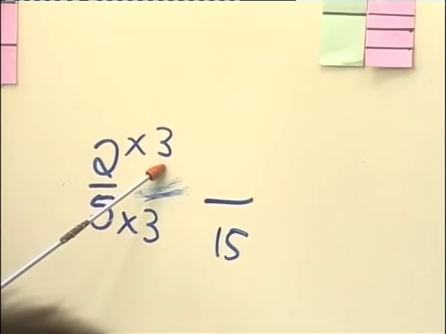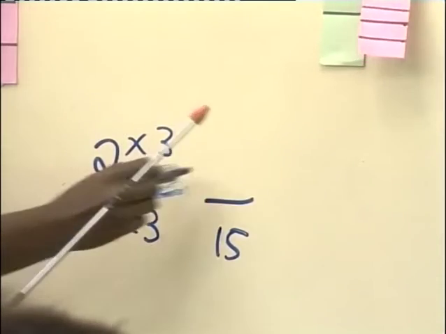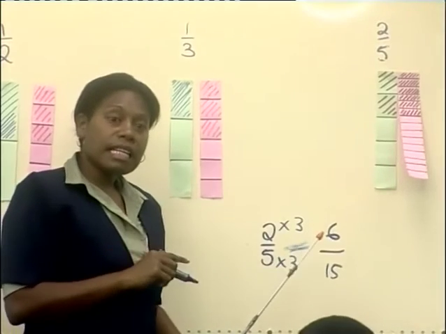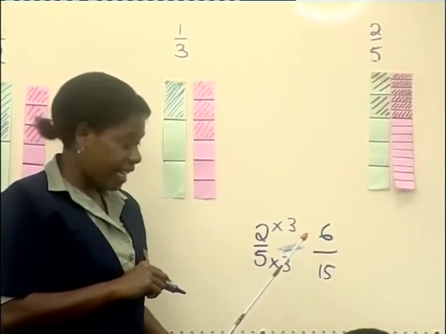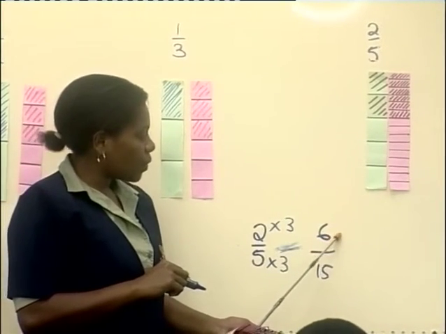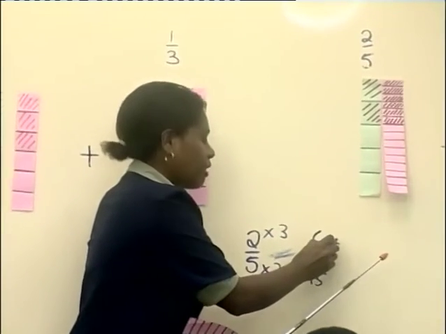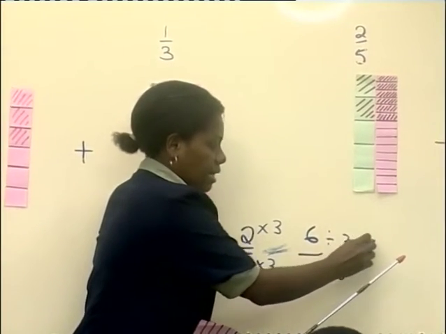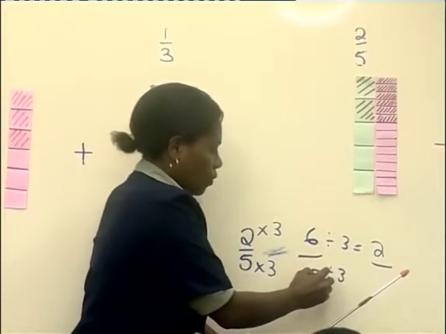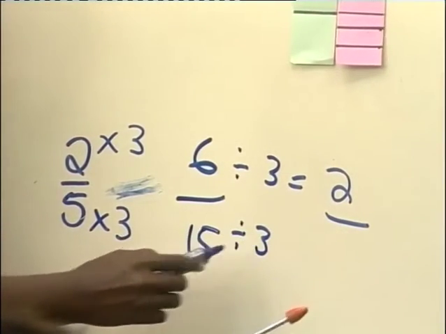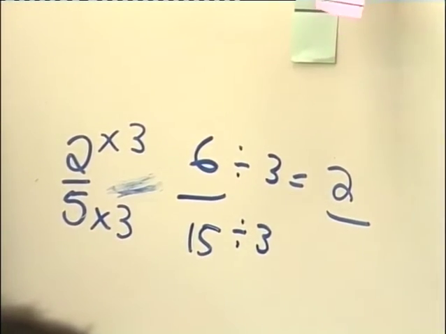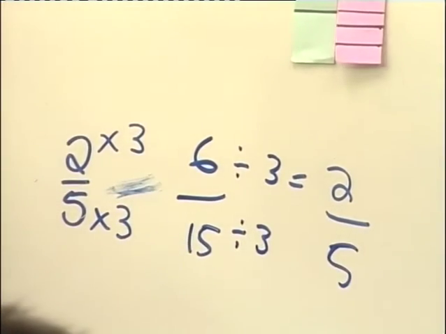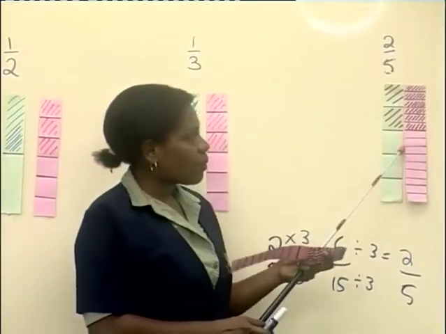So 2 times 3 is 6. 6/15. Or the other way around, you can simplify. Divide by 3. 6 divided by 3 is 2, 15 divided by 3 is 5. So 2/5. So 6/15 is equal to 2/5.